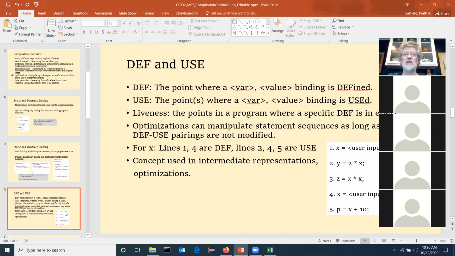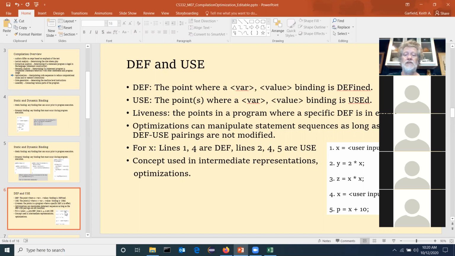Remember, in terms of semantics, we said it removes the old variable value binding and replaces it with a new variable value binding. So it kills the old definition. So in other words, the def that was performed in statement 1 is considered to be live in statements 2 and 3, and then it's dead. And then a new one is created in statement 4, and it's considered live in statement 5.